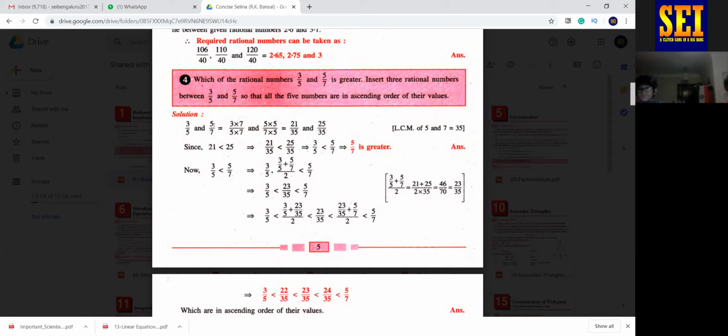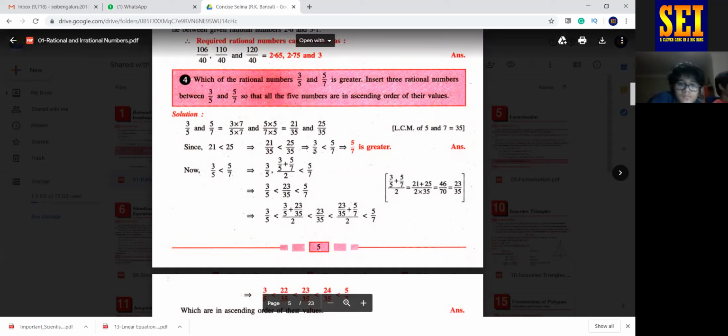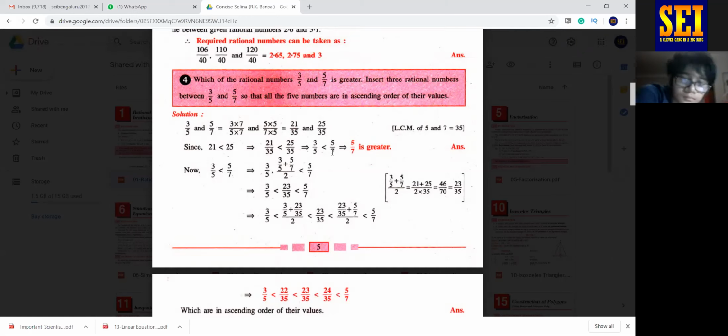Again, for the other one, 5 into 5 is 25, 7 into 5 is 35. Finally, we made the denominators equal: 21 by 35 and 25 by 35. 25 is greater, so 5 by 7 is greater than 3 by 5. Now 3 by 5 is less than 5 by 7.